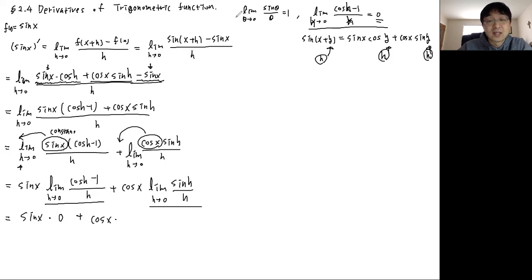You can replace theta by h. The answer is 1. Cosine x times 1. What's the final answer? We have cosine of x. We have one good result. What is sine of x prime? Sine of x prime is cosine of x.